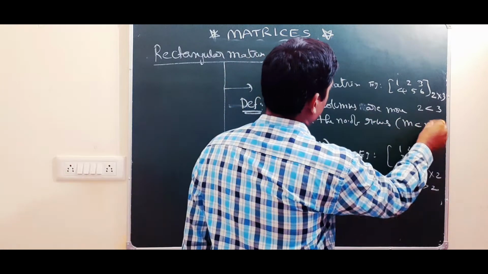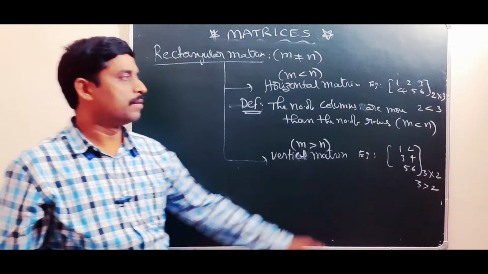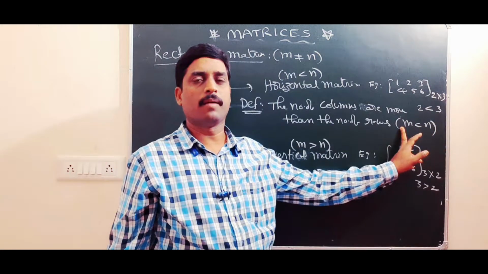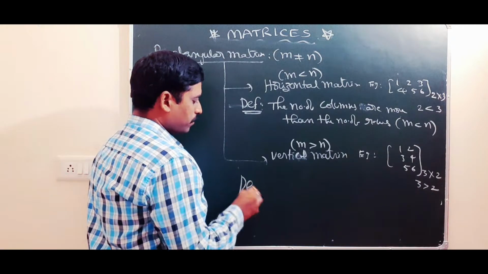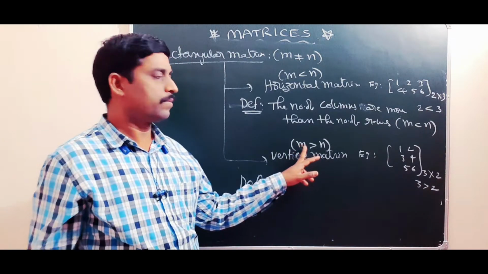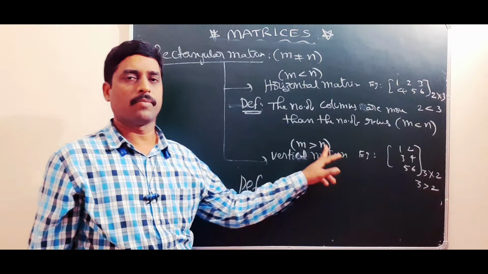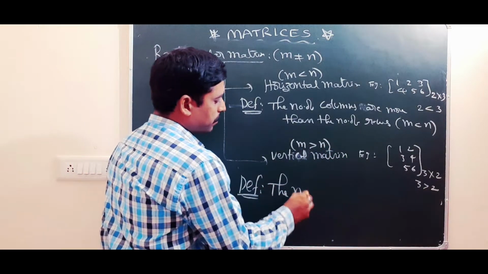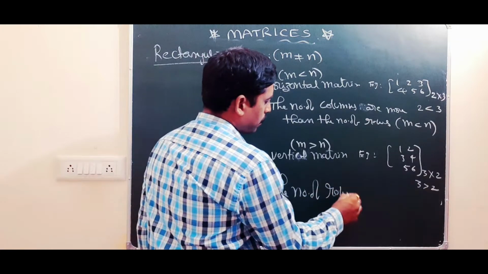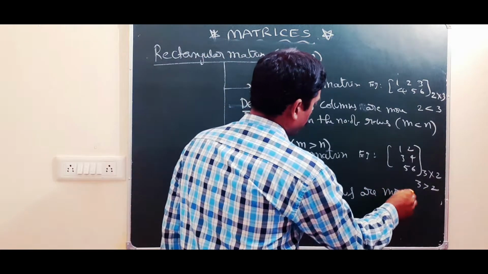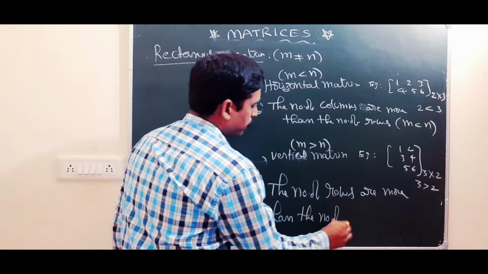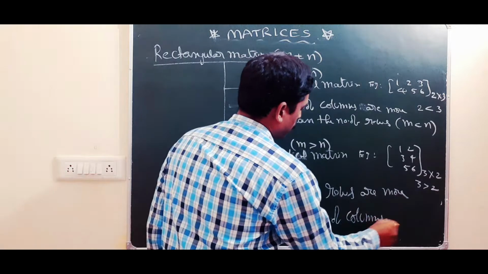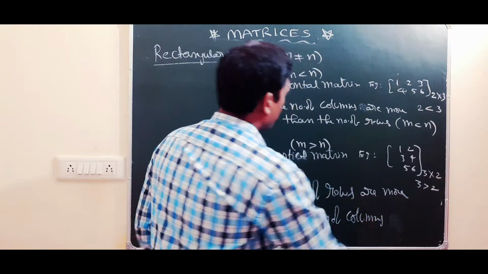So this is M less than N. M less than N means the number of columns is more than the number of rows, and it is called a horizontal matrix. So what is the vertical matrix? The number of rows is more than the number of columns is called a vertical matrix.